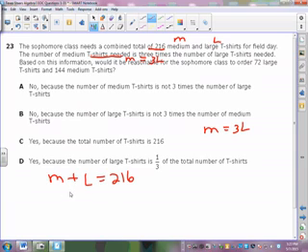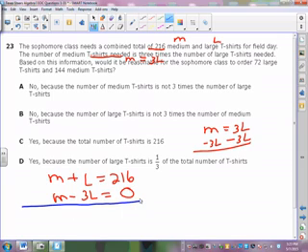I want to line it up so it'll fit into a system, so I'm going to subtract 3L from each side. So you have M minus 3L equal to 0. We're going to solve this system. I notice this is positive M, positive M. All we have to do is make one of those a negative M, and it'll cancel with the other one.